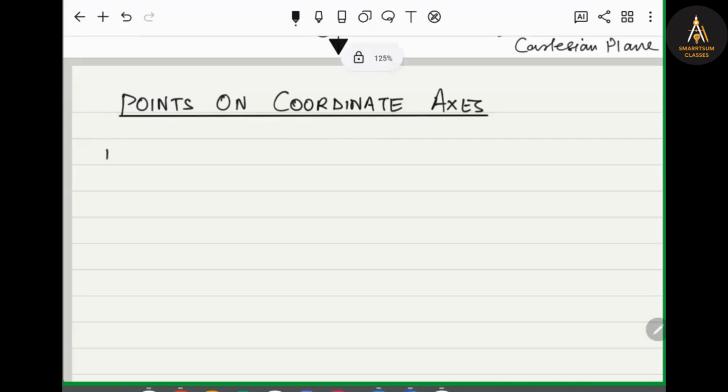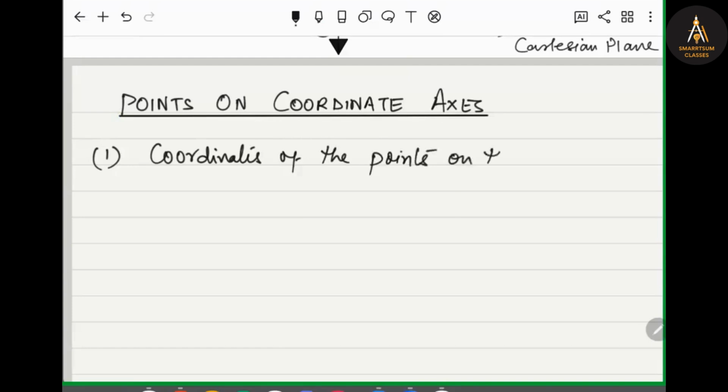In this, the first is coordinates of the points on the x-axis. Coordinates of the point on the x-axis.